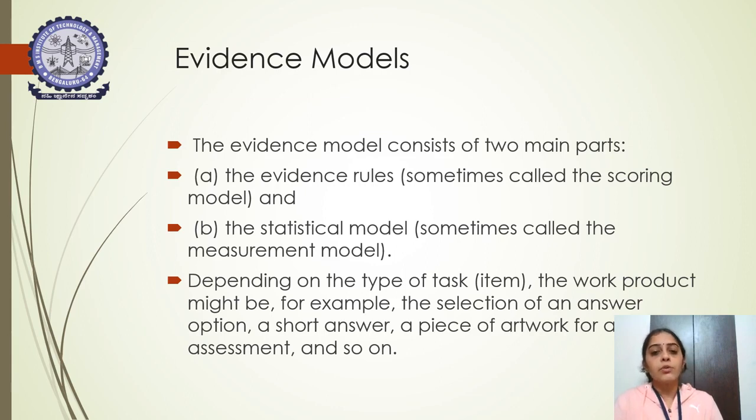Evidence rules are sometimes also called the scoring model, and the statistical models are also called the measurement model. Based on the type of task assigned, the work product might be, for example, the selection of an answer option, a short answer, a piece of artwork for an assessment, and so on.